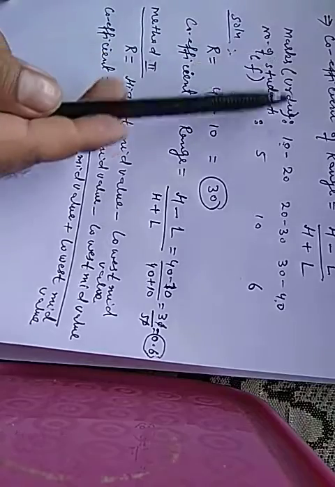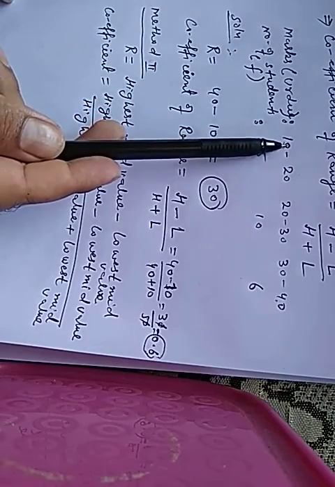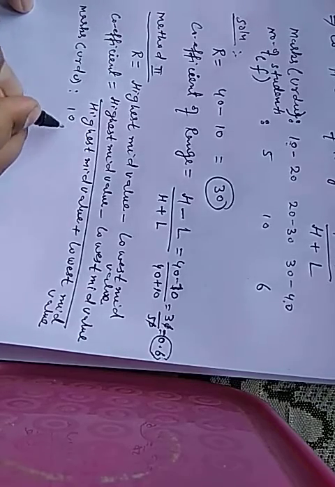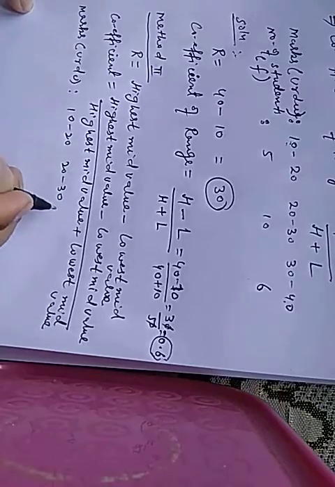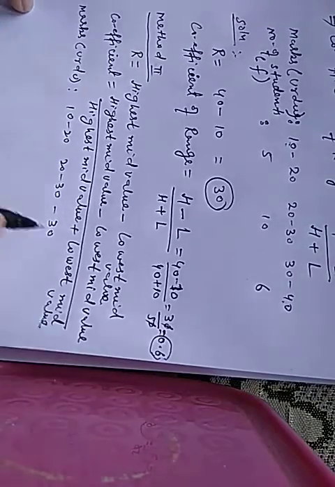For example, the data we have is the same data: marks in Urdu, given in class intervals. I will write this data again: marks in subject Urdu of class 11th, given as 10 to 20, 20 to 30, 30 to 40.